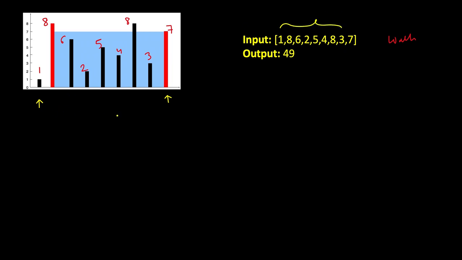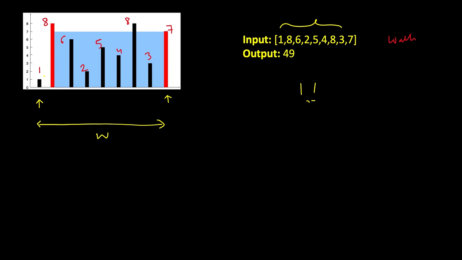And the width will be this. The size of this is 2, 4, 6, 8, 9. So 9 minus 1, 8 is the width, because if you have 2 bars, then you have a width of 1. Here you have 9 bars, so width is 8. So this is the width.